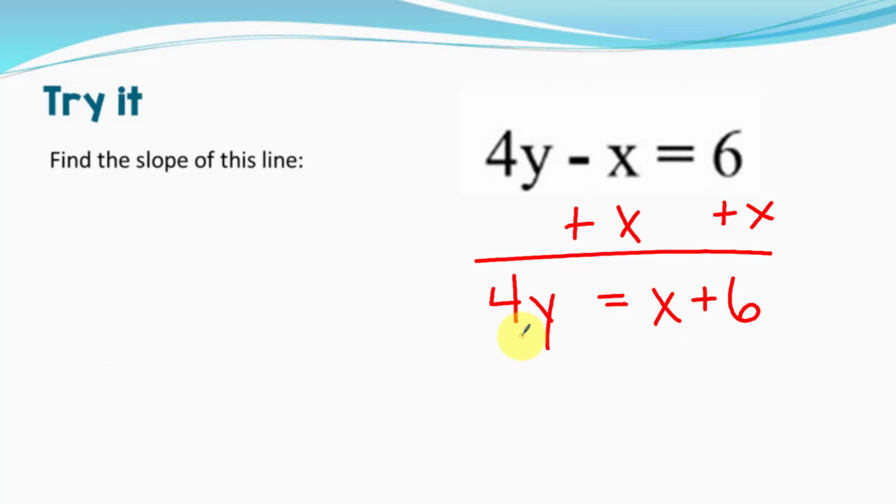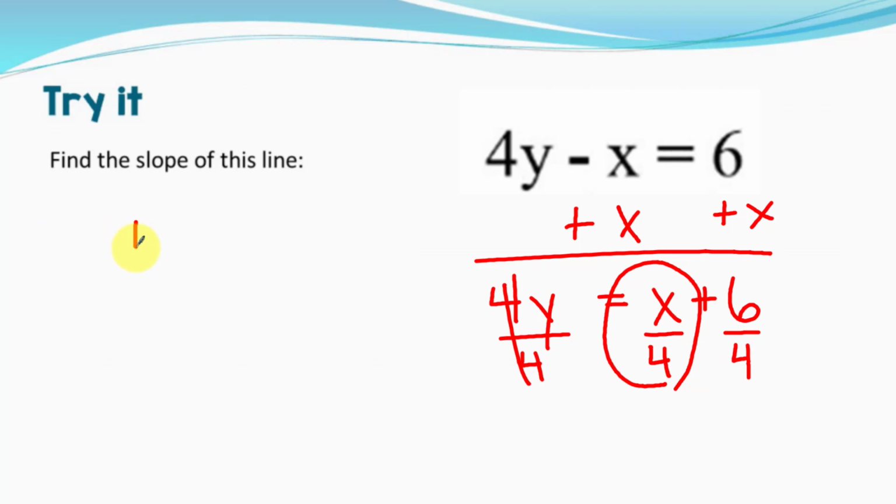Then I've got a number times y, so I'm going to divide everything by that. Okay. And now again, this goes away. So my slope is always the number in front of the x value. And in this case, it would be 1/4 x would be that term. Another way to write it. So the slope would be 1/4.